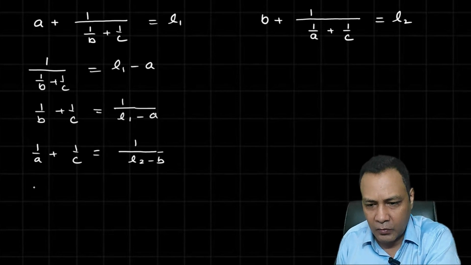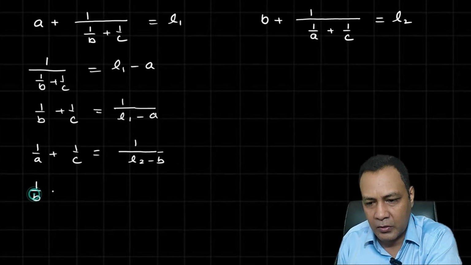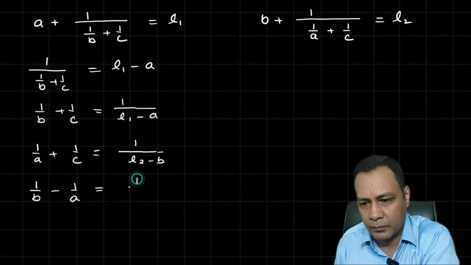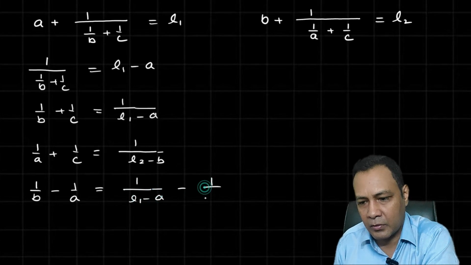So 1 by B minus 1 by A will be 1 upon L1 minus A minus 1 upon L2 minus B.